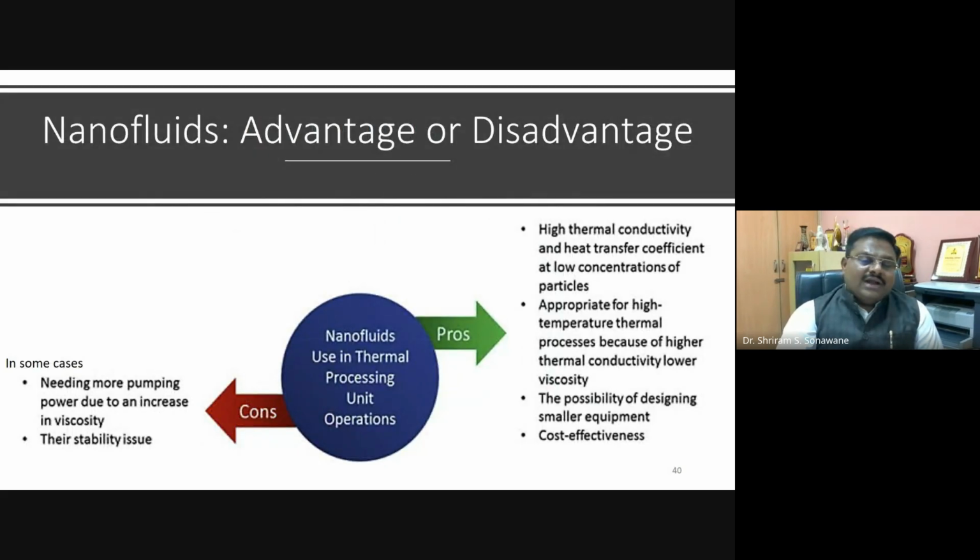So there are advantages and disadvantages of nanofluids to be used in thermal processing unit operations.